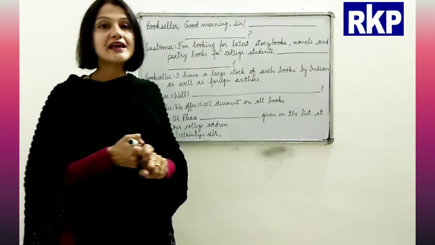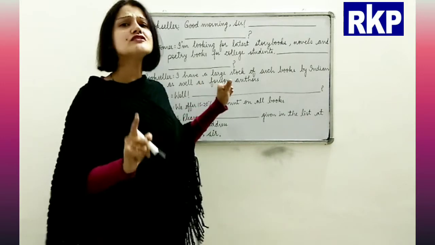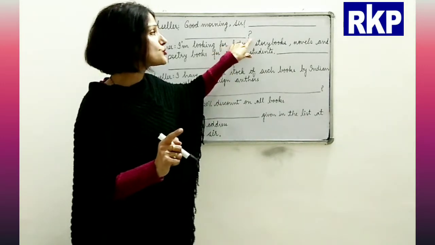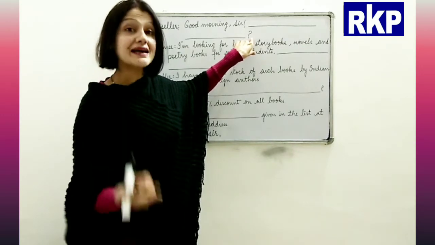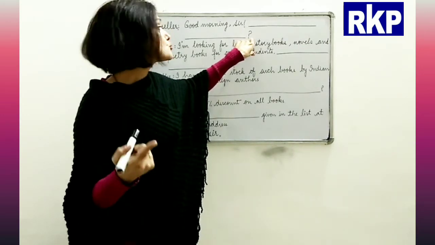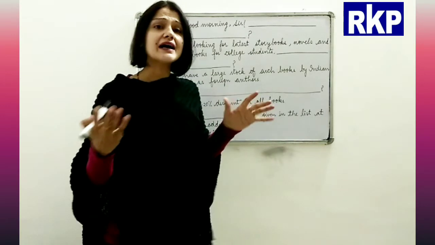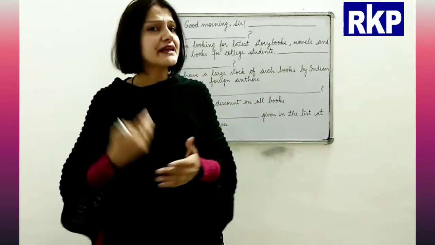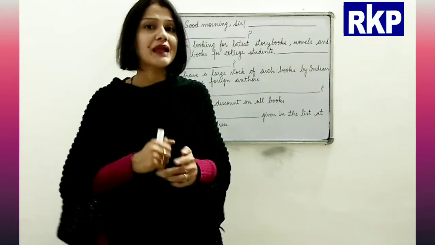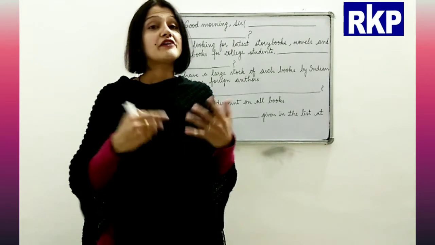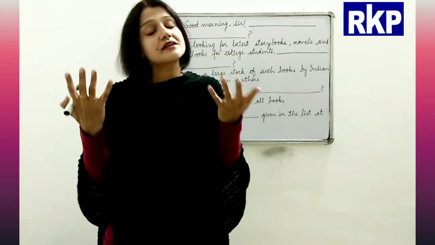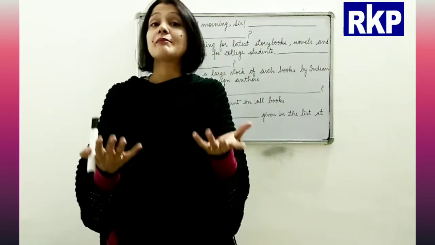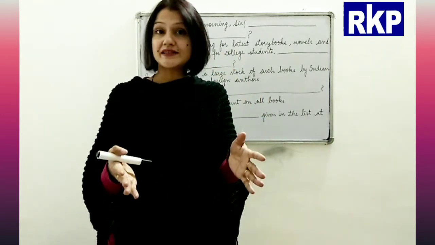The second thing is, always look at the punctuation marks given in the blank space, so that you get an idea which kind of sentence you have to supply there. If there is a question mark, it's very clear that you have to supply an interrogative sentence.